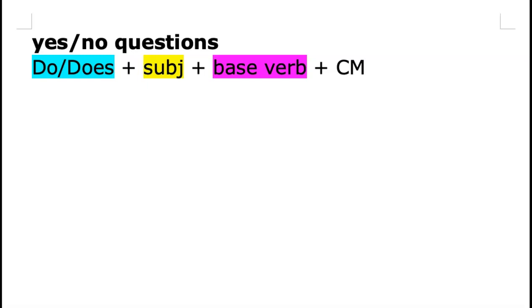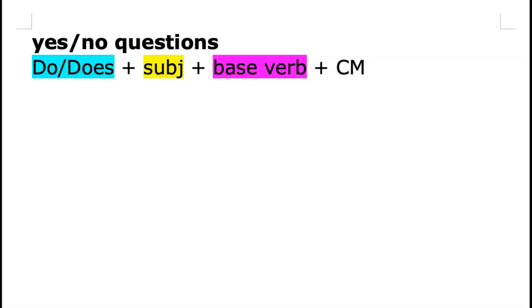There are two basic types of questions we can ask. The first one we're going to look at are called yes/no questions, because these questions can be answered most of the time using yes or no. Here is our format. Do or does plus subject plus base verb plus complete meaning.